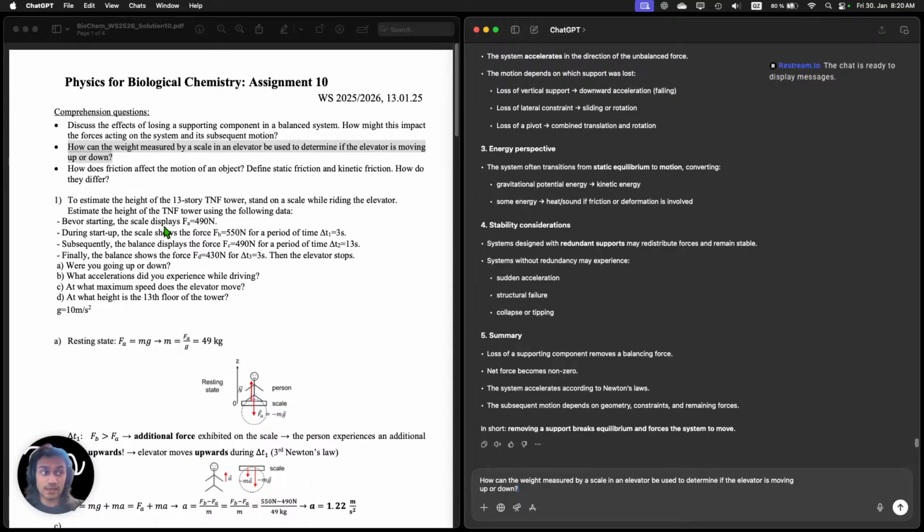If I understand this correctly, when the elevator is going up, the weight is going to show higher mass or higher readings. If it's going down, lower weight.